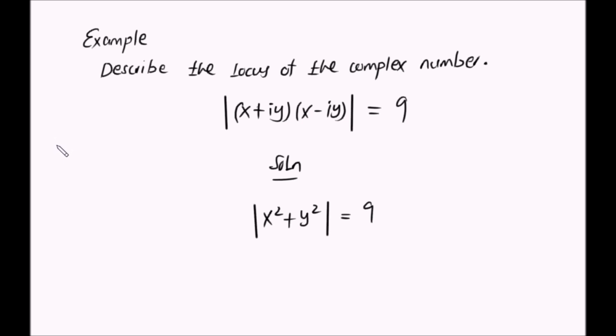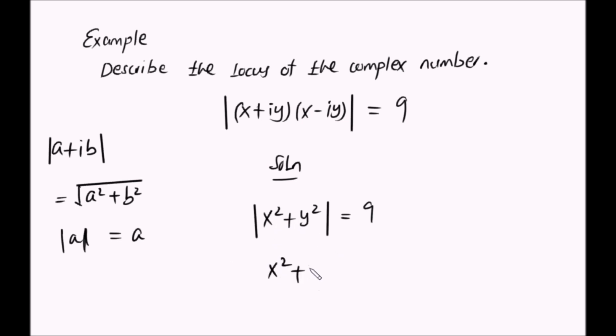So modulus ya a plus ib, si ndio? Modulus ya a plus ib ni sawa na the square root ya a squared plus b squared. Lakini modulus ya a peke yake hakuna cha i, hii maana yake ni hiyo a peke yake. Kwa hiyo modulus ya x squared plus y squared ni hiyo x squared plus y squared.